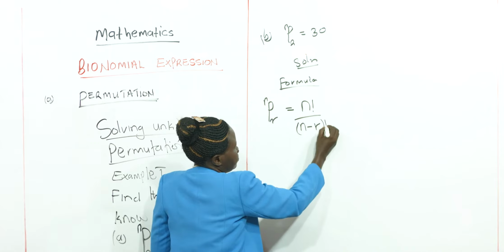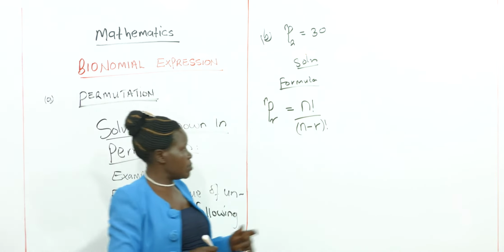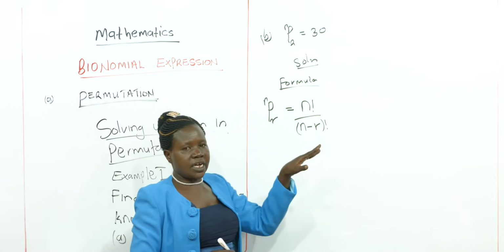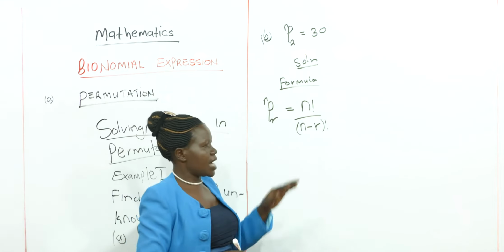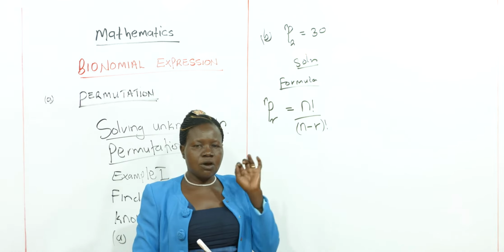Dear learners, you remember that when we said n factorial, it means you descend that number up to the lowest term, and our lowest term in this case is 1.